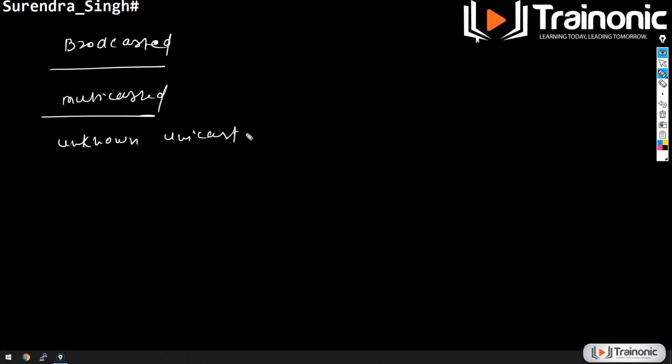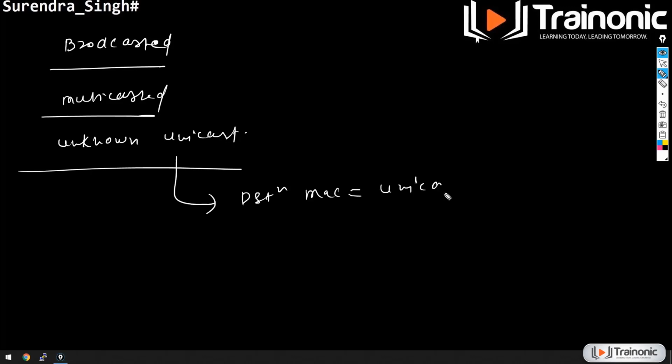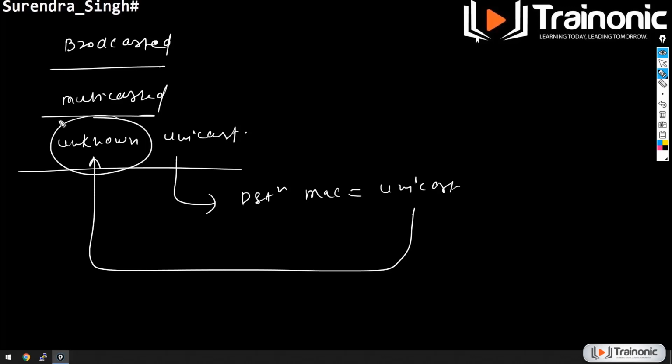Unknown unicast basically means that the destination MAC address is a unicast MAC address, but that MAC address is not yet known to the switch. So the switch will perform flooding for these 3 types of frames.